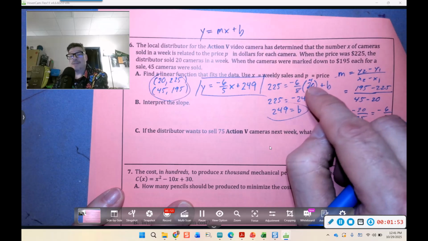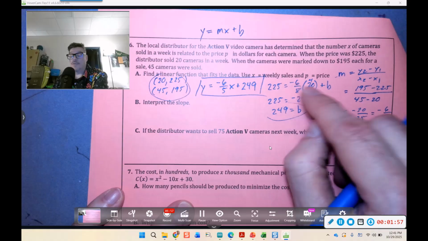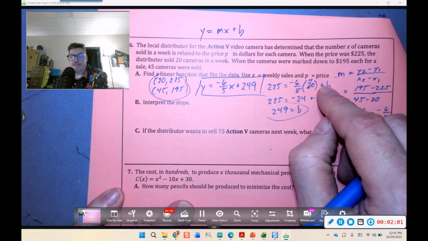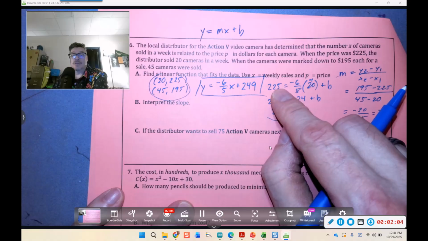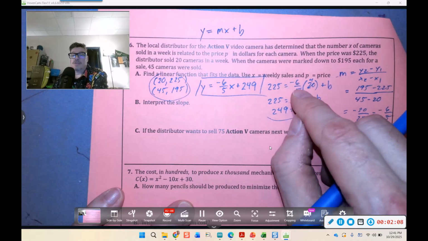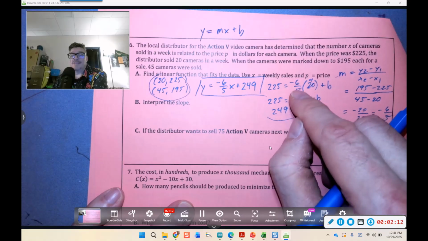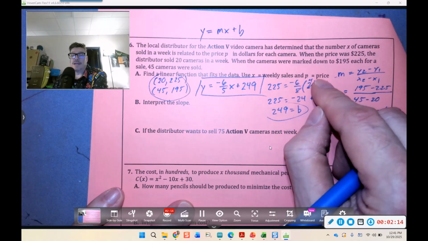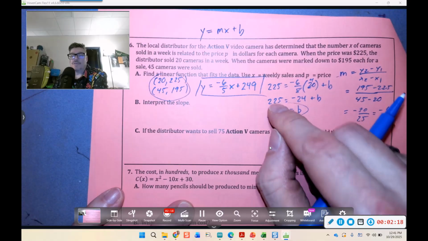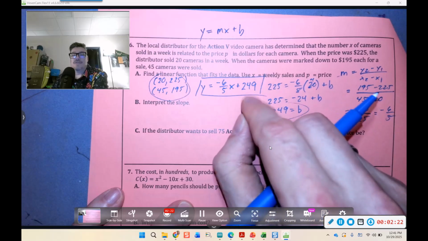But I do know that if I plug in a 20, and I multiply by the slope, I have to add or subtract, if it's negative, something to make me turn it into 225. Now that could be 0. I doubt it, but it could be. So when I multiply 20 by that slope, that's -6/5, by the way, I crossed it out. I got -24. Then I had to move the 24 over to the other side. So it ends up being 249. So the B is 249.